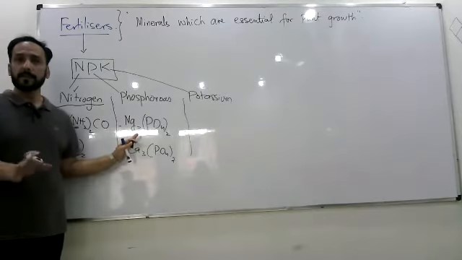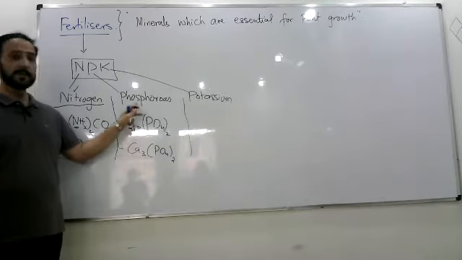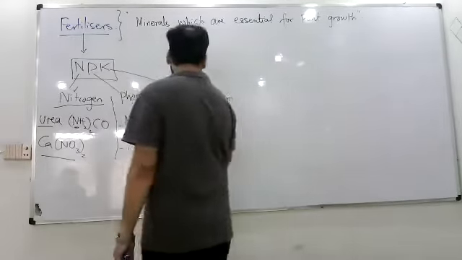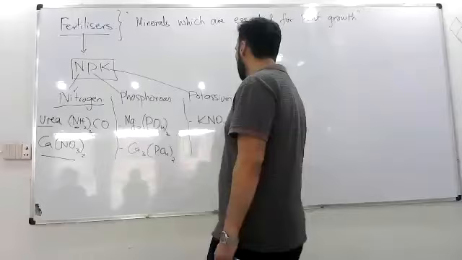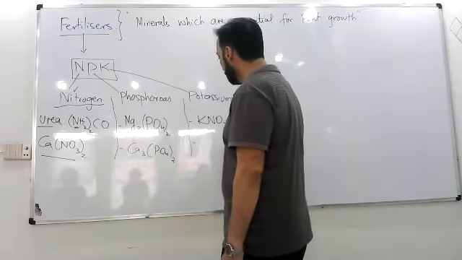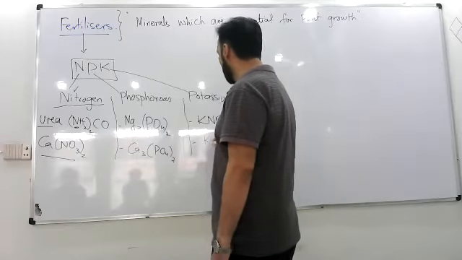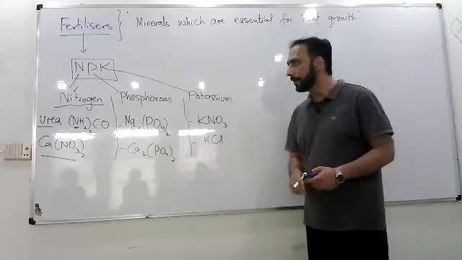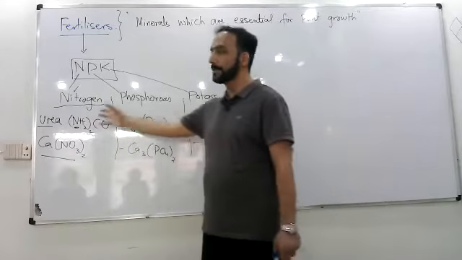Phosphorus, you can write phosphates because phosphates contain phosphorus element, which is again important for the plant growth. For potassium, we have potassium nitrate or potassium chloride as common salts. Potassium fertilizers are not that important, but they're still used as mixture with urea.